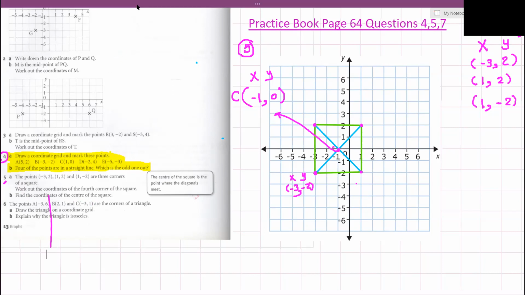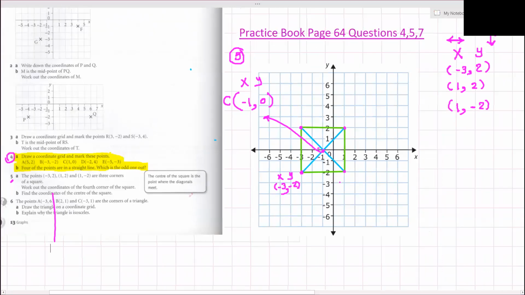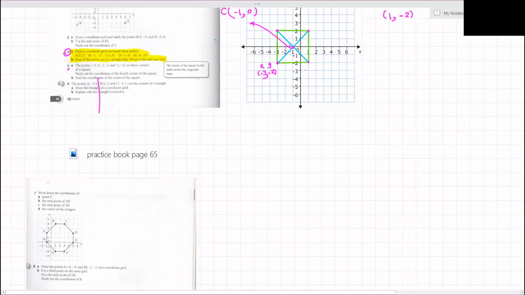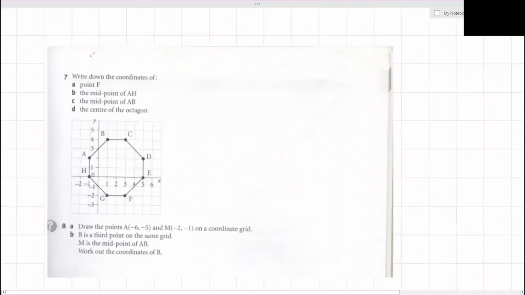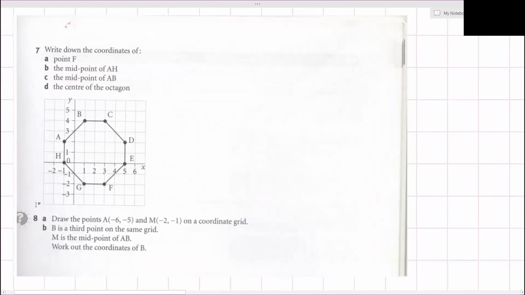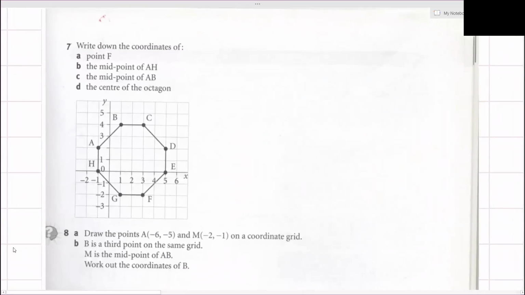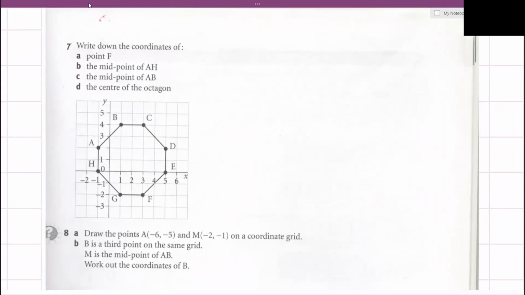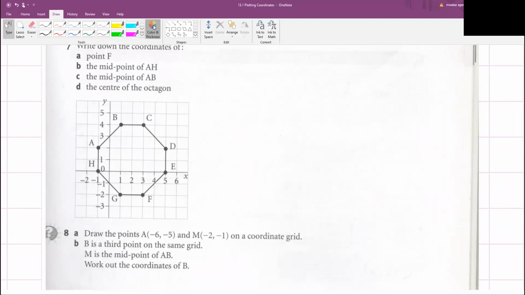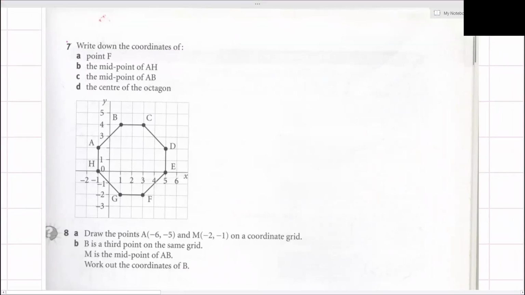Question 7. Let's start together solving the question. Let's read together.